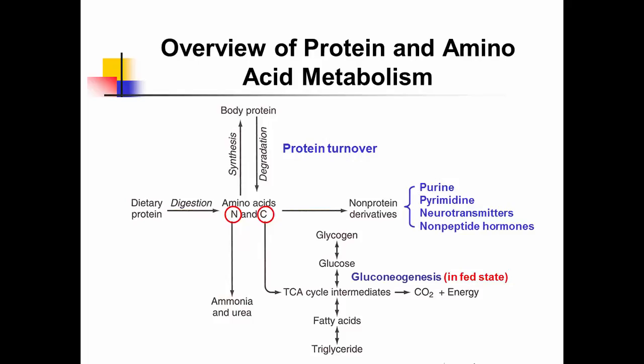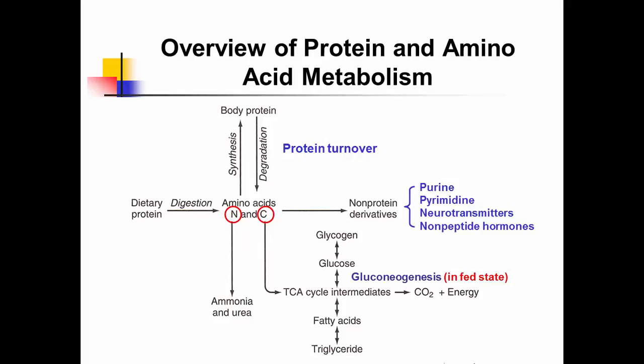So for carbon metabolism, amino acids can be utilized for energy, for example, during fasting conditions, right? We need to utilize the stored energy. We already talked about carbohydrate like glycogen, and also fat, that's triglyceride.